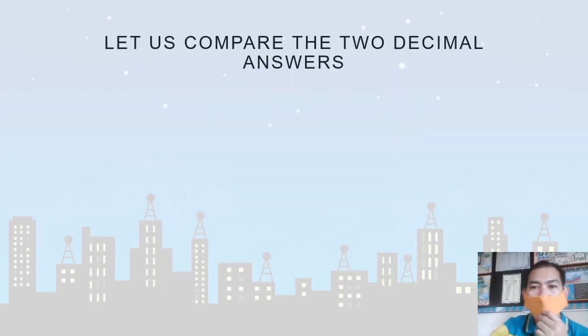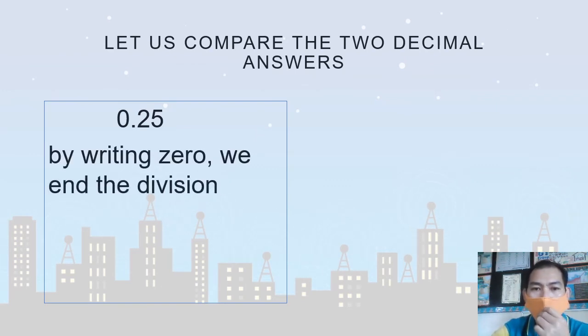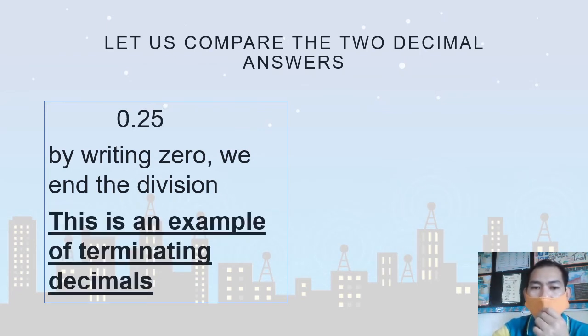Okay, so let us now compare the two decimal answers that we had the last time. So the first one is 0.25 or 25 hundredths. So it ends by writing 0, we end the division. So this is an example of a terminating decimal.